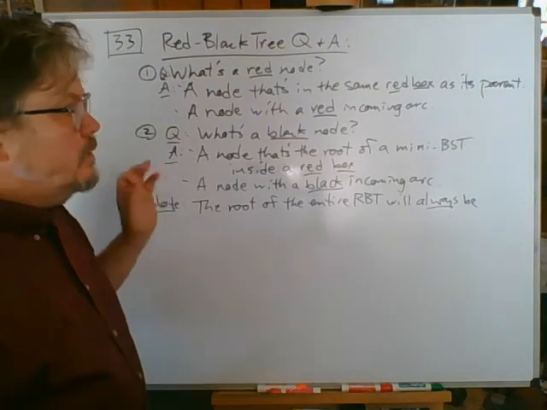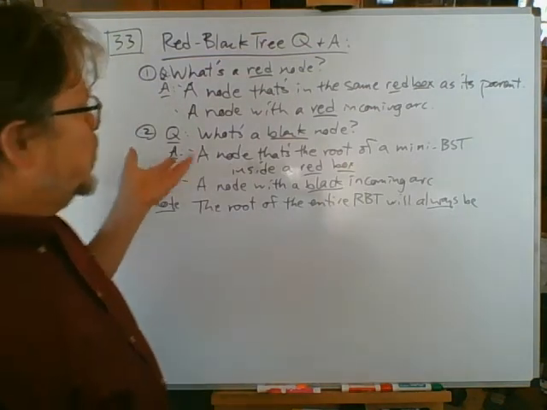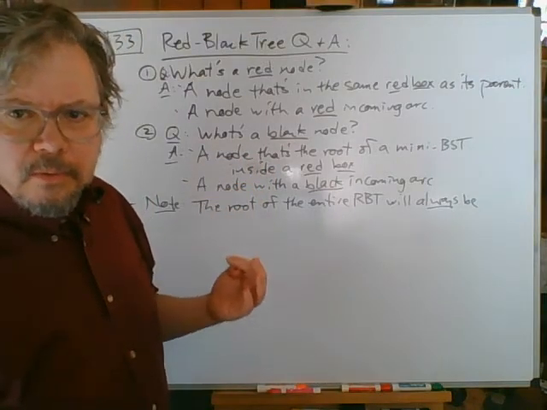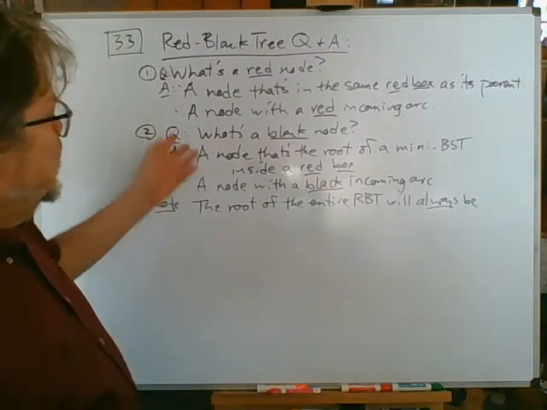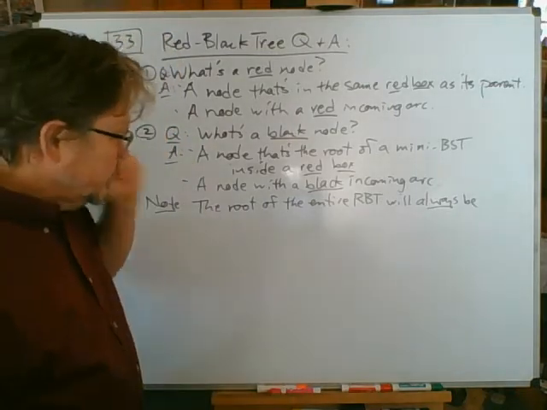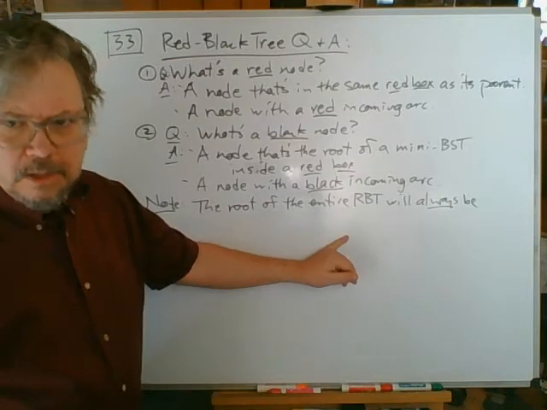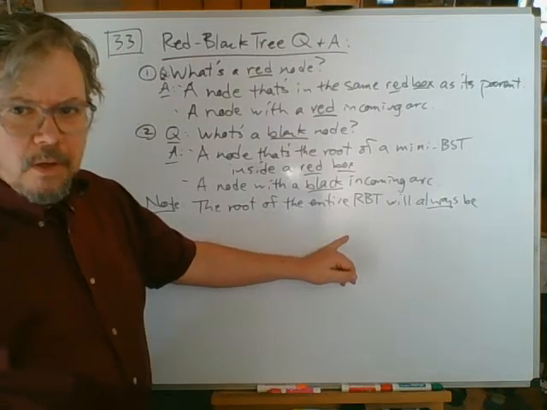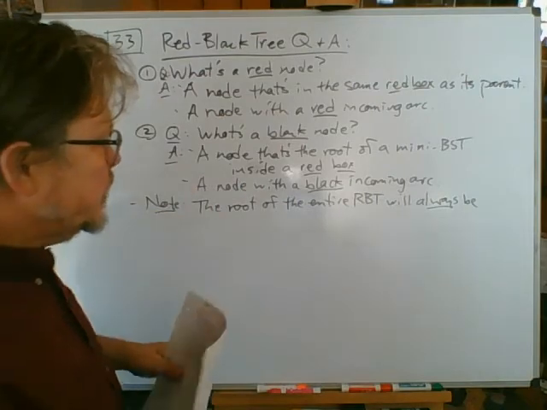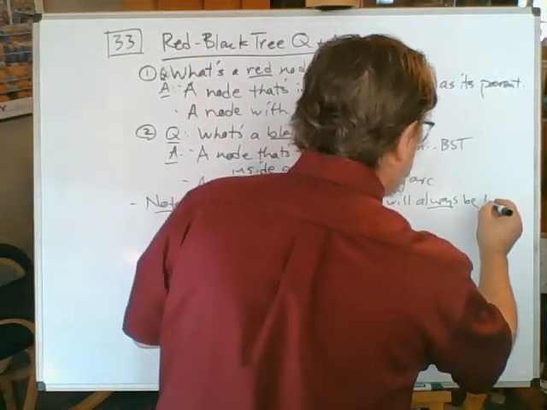The root of the entire red-black tree, it's got to be one or the other. We don't allow any pink nodes or green nodes or anything. It's either got to be red or it's got to be black. Well, if it's red, it would need to be in the same red box as its parent, except think about this. If it's the root of the entire tree, it doesn't have a parent. It is the parent of all parents. So it's going to have to be black. The root of the entire red-black tree will always be black.